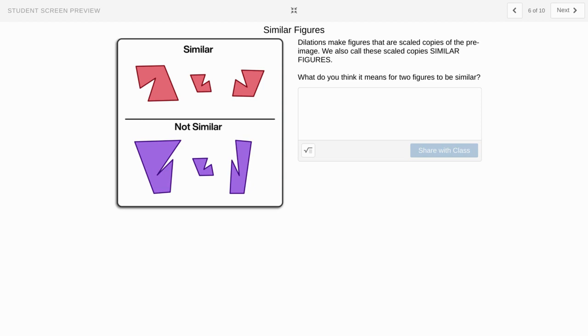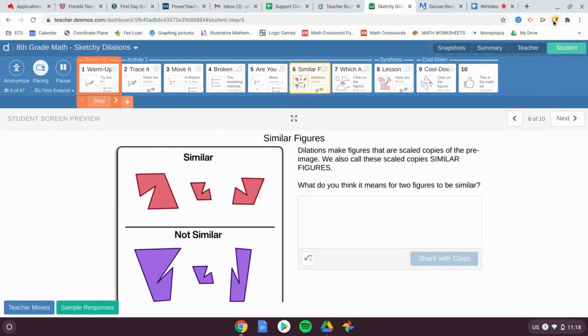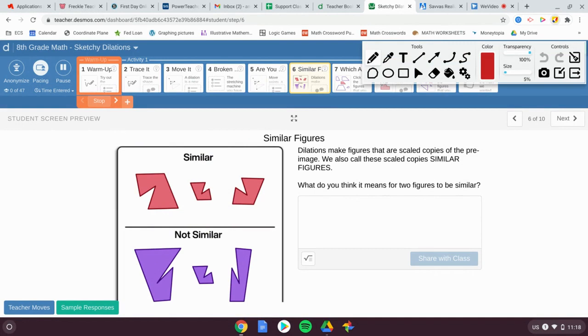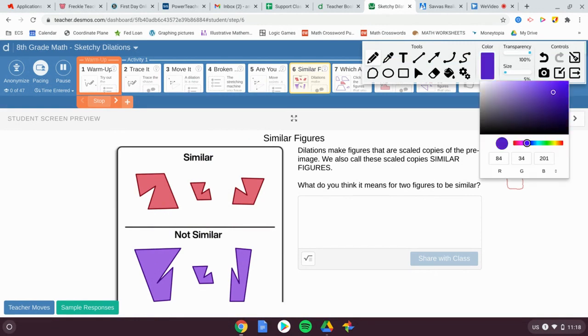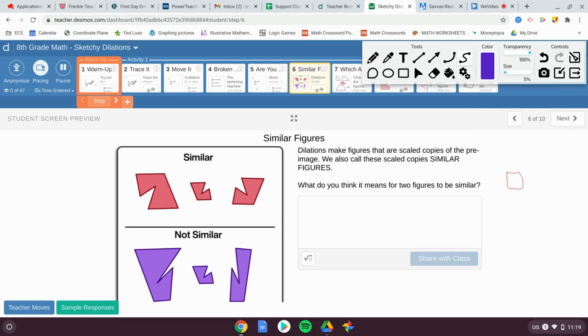So if I want something to be 2 times the size, then if I do this square, if I want it to be 2 times the size, then I would go 2 times out, 2 times further out. Oh, that's messed up. Go back.